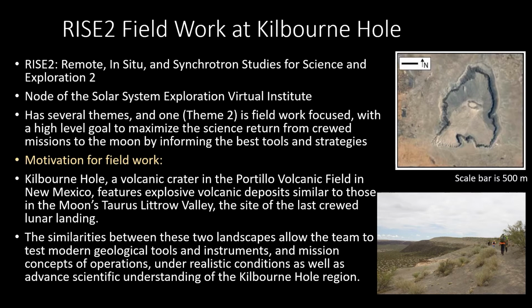The similarities between these two landscapes allowed the team to test modern instruments and CONOPS, concepts of operations, under realistic conditions, as well as advance our understanding of Kilburn Hole from a scientific perspective.